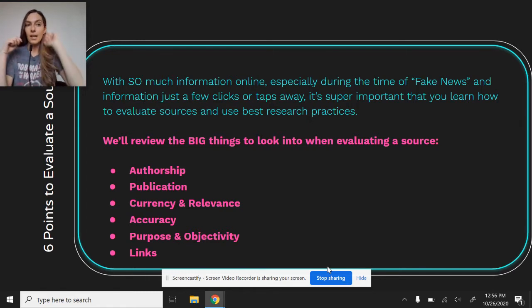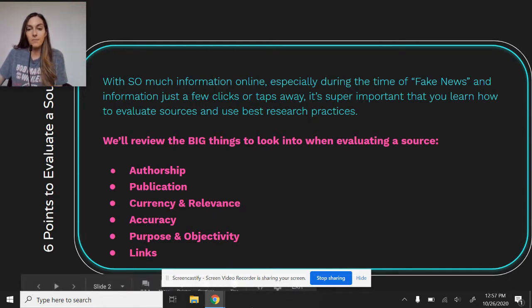So we're going to be looking at a handful of things that you can look at when you look at a source to decide whether it is useful for your research or whether it is a red flag and should be dumped.